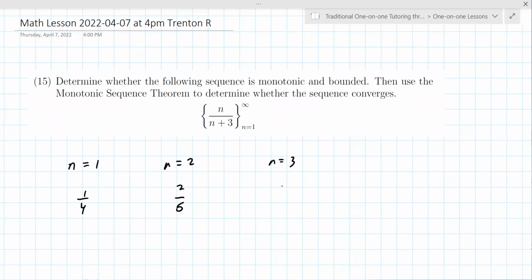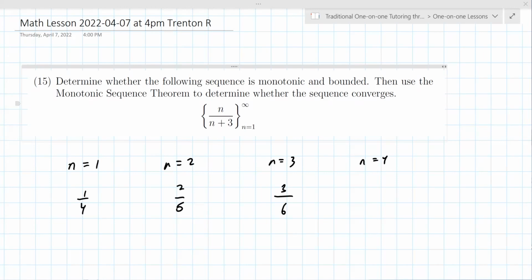N equals 3, you get 3/6. That's 0.25, that's 0.4. Did I misdo this? No, n equals 4. This one looks like it might rise before it falls.